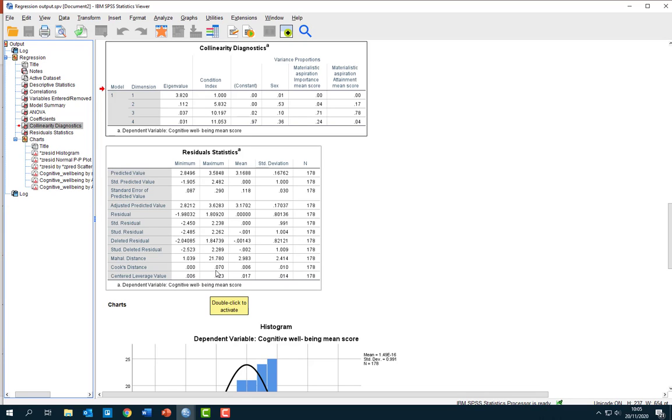Are they exerting what we call an undue influence on the model? Are they pulling the slope of the regression line so far away from the rest of the data points that it's having a detrimental impact on our outcome? So if the maximum Cook's distance is greater than 1, we have a problem. We're going to have to do something about it. In this case, it isn't.